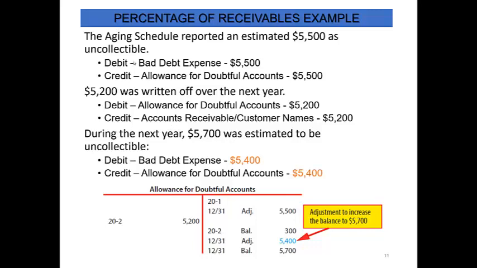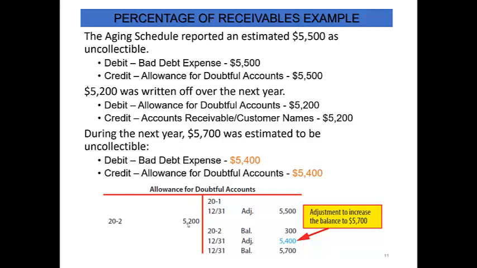Now, for the initial entry, we did not have a balance in our allowance for doubtful accounts. So we simply entered the full amount. We debited bad debt expense and then credited allowance for doubtful accounts. So that was our balance at the end of year one. All right, then over in year two, we wrote off $5,200.